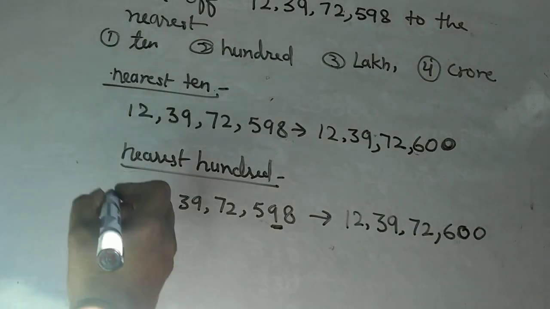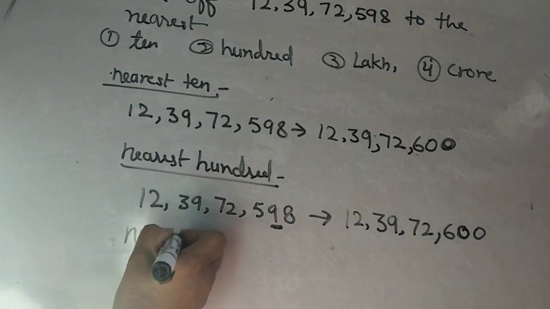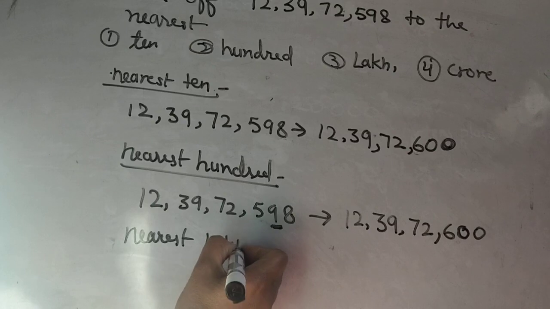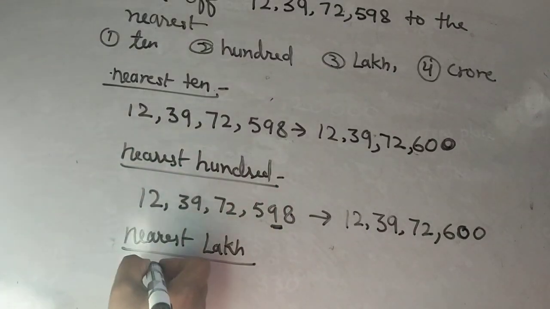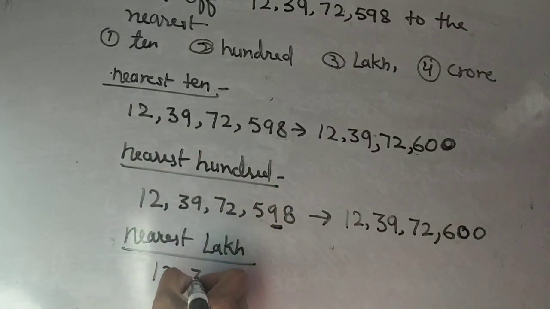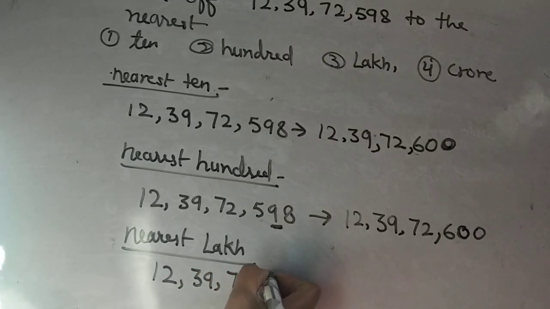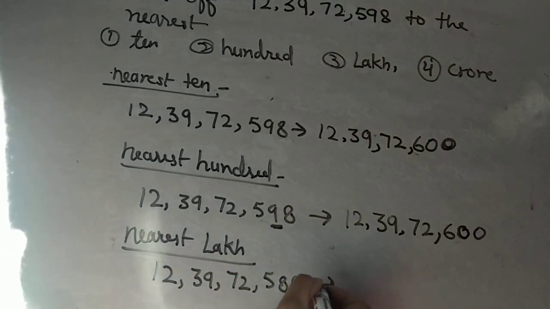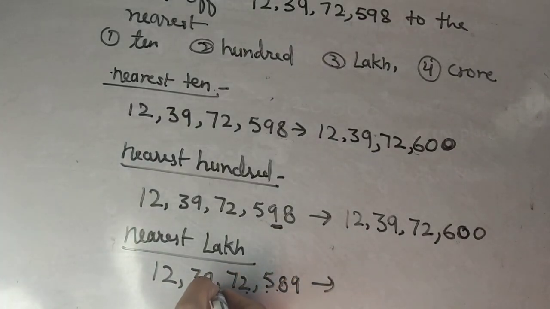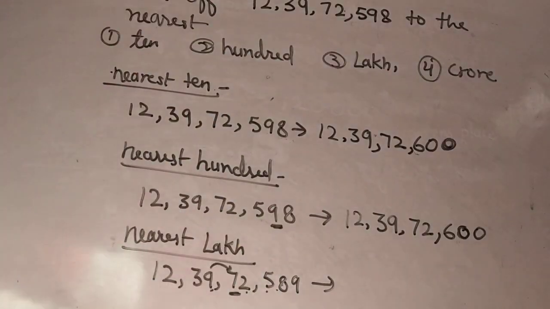Next, nearest lakh. Ones, tens, 100, 1,000, 10,000, lakh. Right to the lakh, 10,000, which is 7, greater than 5.